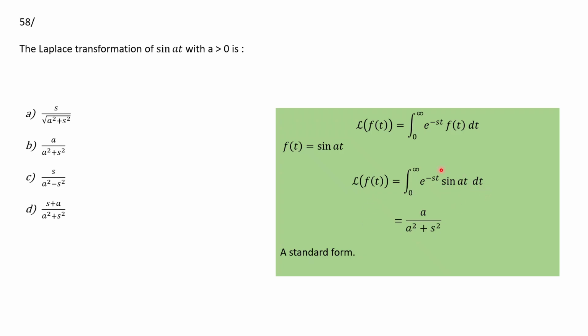And this is a standard form and the answer will be here a by s square plus a square and which is equal to option B.